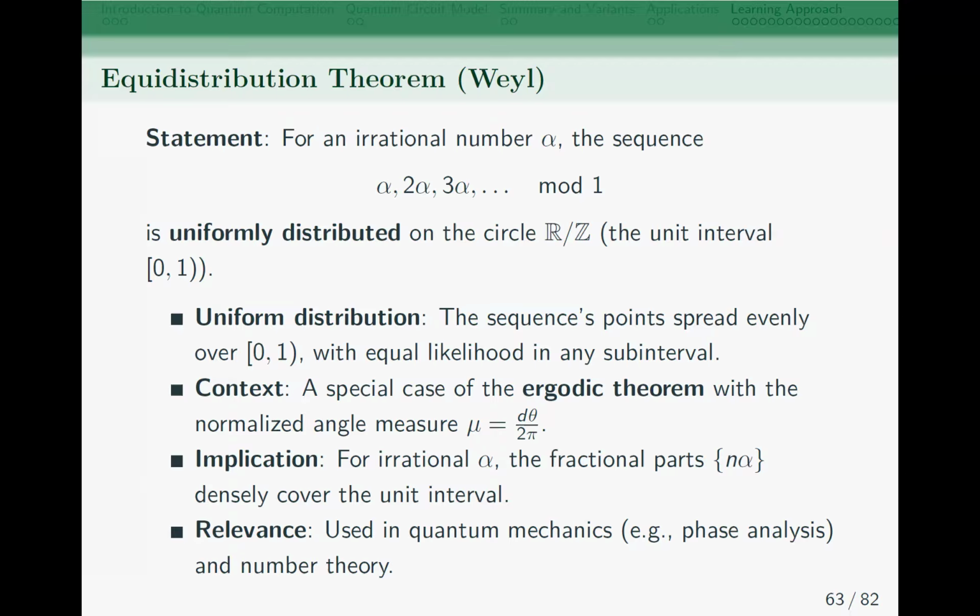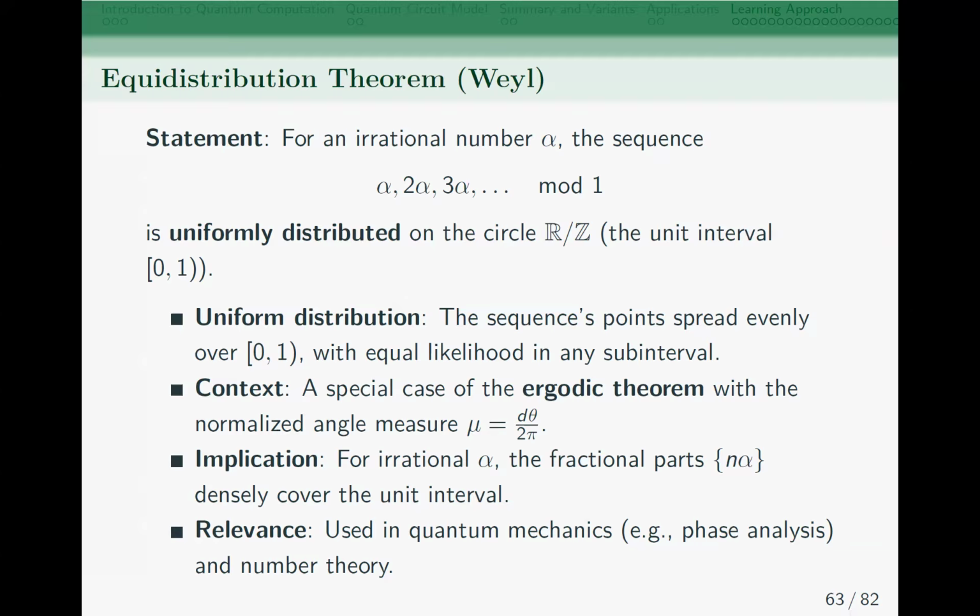So if you draw a circle here, and you plot, for example, exponential of 2 pi i times the square root of 2 times n, where you take n to be an integer.